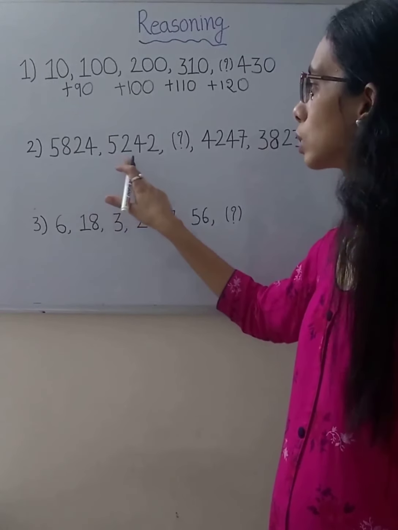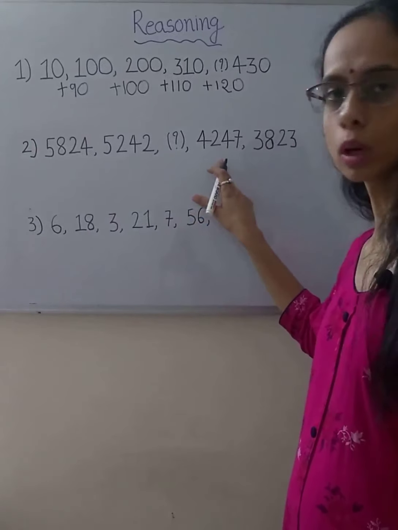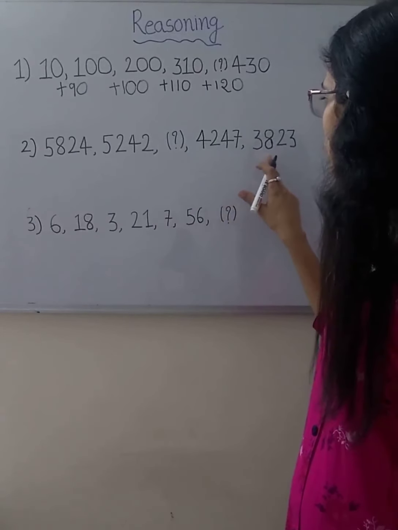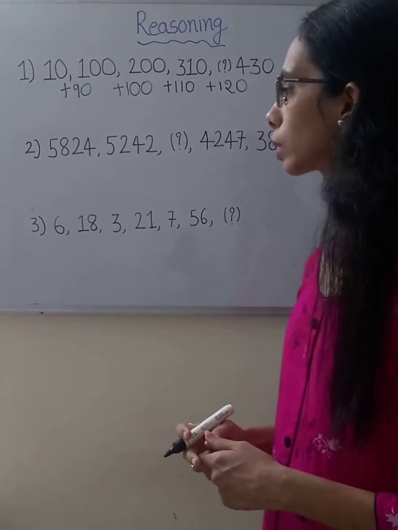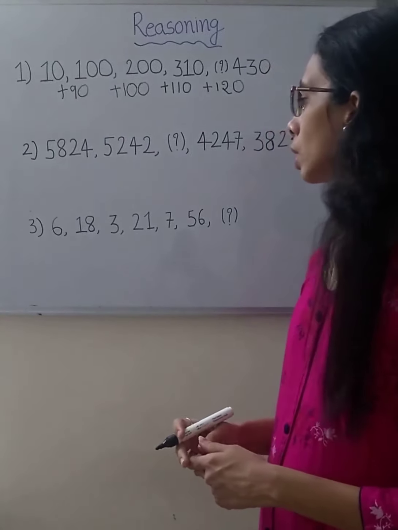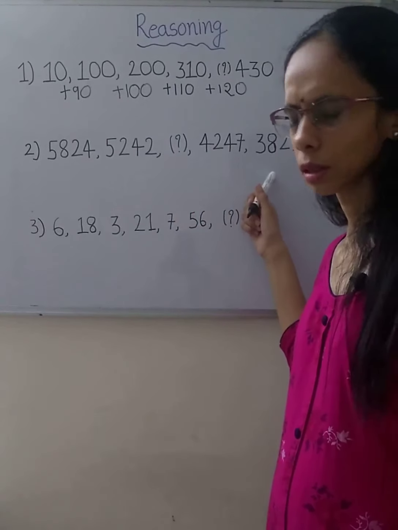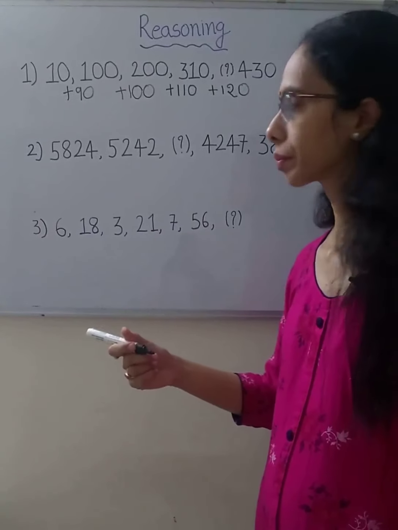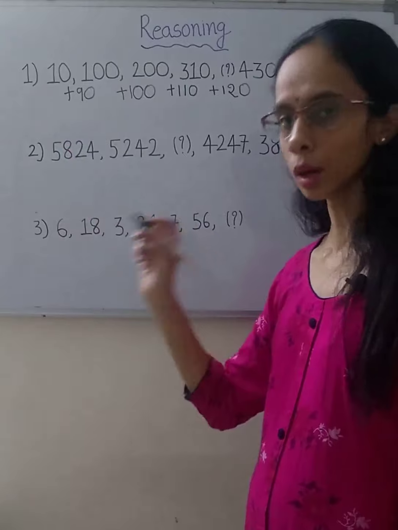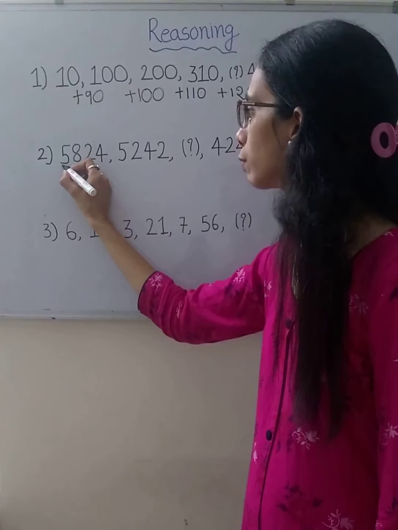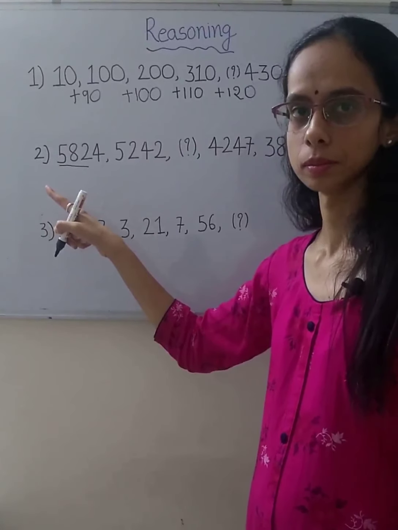5824, 5242, question mark, 4247, 3823. So what are we going to do here? Here, every term in this series is obtained by subtracting from the preceding term the number formed by the first three digits of that preceding term.